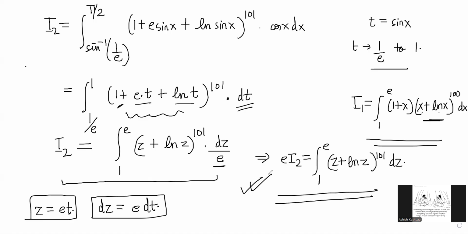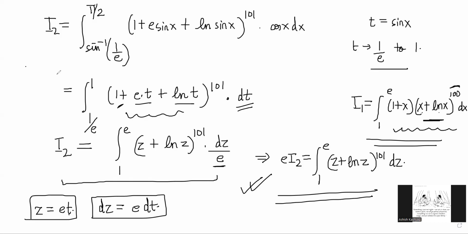So this is the result that I have gotten after doing these two changes of variables on I2, right? And now it looks very much like this integral, except the power here is 101 and the power here was 100, right? So the way to simplify this would be to try to do a by parts integral for I1.